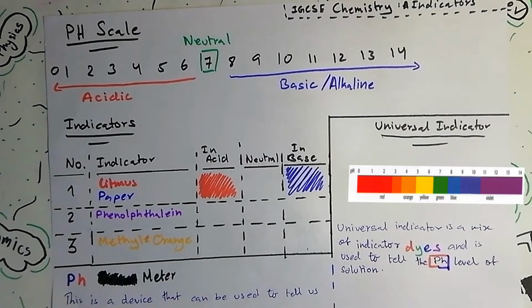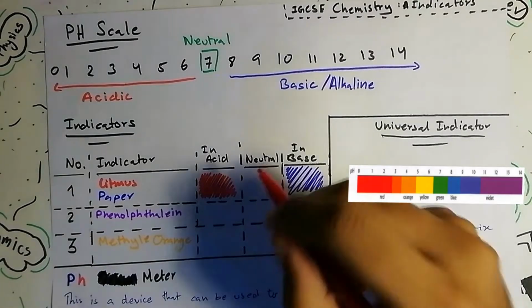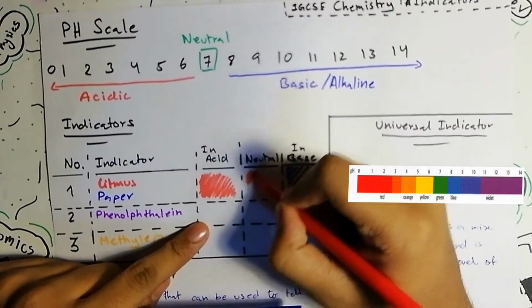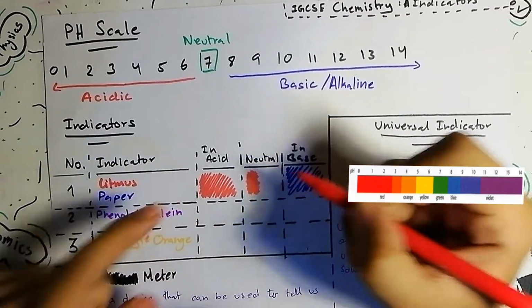Litmus paper comes in two colors, red and blue. If it goes into an acidic solution, it will turn from blue to red, or stay red if it's red. And in a base, it will turn from red to blue, or stay blue if it's blue. So there are two colors for it. I'm just going to put two colors like this.